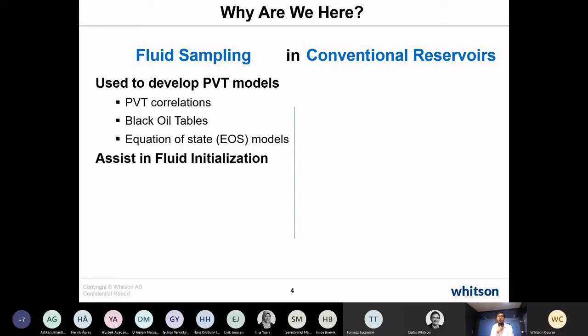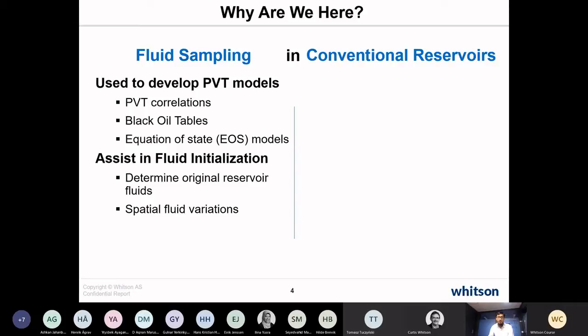We would like to know what composition we should input in our reservoir models that should accurately represent the in situ fluids, and that should give us the right in place volumes of the oil or the surface condensate and the surface soluble gas. So, determine the original reservoir fluids.